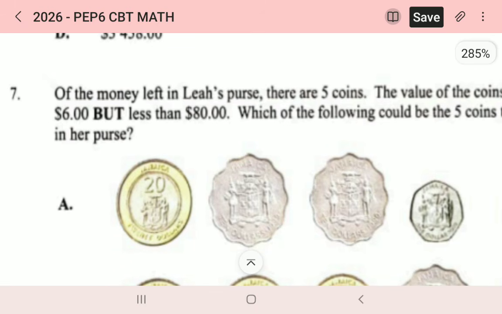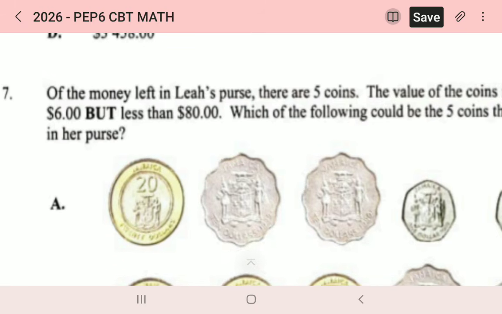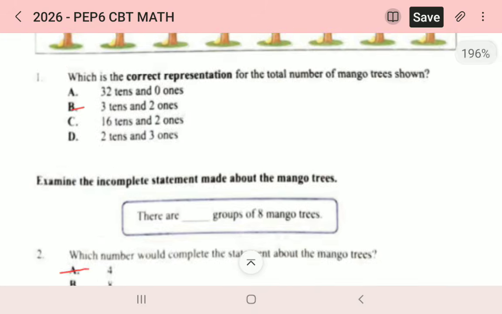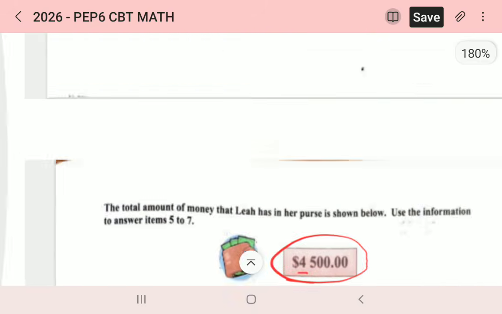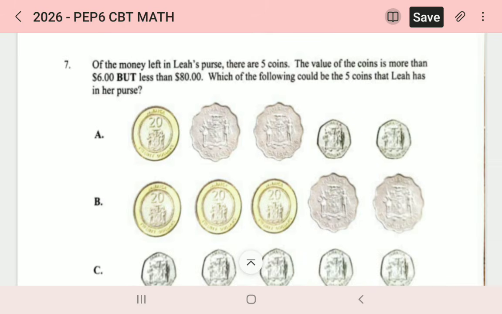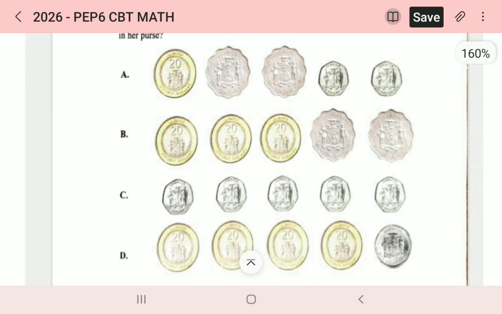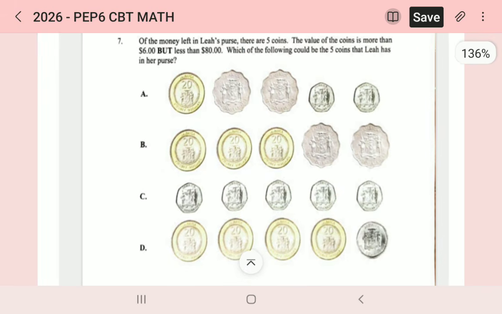All right, number 7. Of the money left in Leah's purse, there are 5 coins. The value of the coins is more than $6, but it is less than $80. Which of the following could be the 5 coins that Leah has in her purse? So it must be more than 6, less than 80.